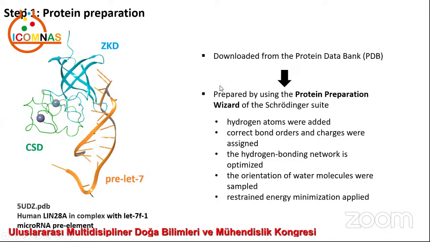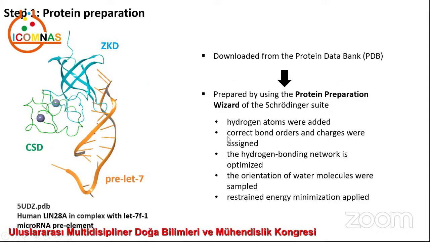And we got this protein microRNA complex from the Protein Data Bank, and we prepared this complex using the Protein Preparation Wizard module, which is implemented in the Schrödinger suite. What we have done in short is we added the missing hydrogen atoms to our crystal structure.